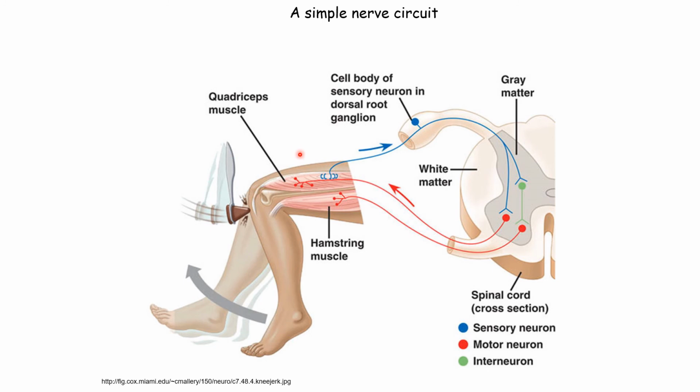This goes all the way from the muscles in your thigh, these quadricep muscles, to the dorsal ganglion in the spinal cord, and back all the way to the same muscle in the form of a motor neuron. What I'm talking about in this case is a reflex called the knee jerk reflex.